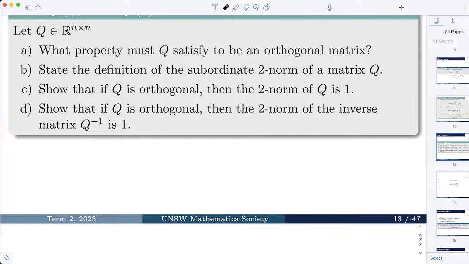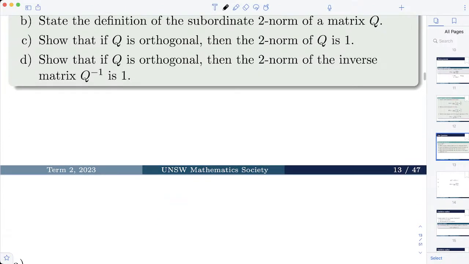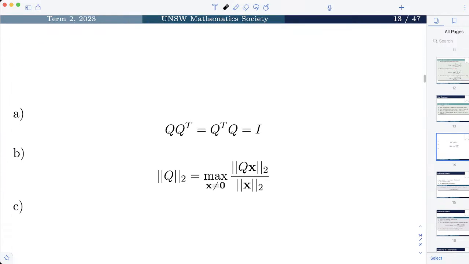So show that if Q is orthogonal, then the 2 norm of Q is 1. So we basically have to show that if Q is orthogonal, this guy is equal to 1, right? And just starting off from this definition is what you want to do. More specifically, you want to look at this guy over here, the numerator, right? And instead of working with the norm, you want to work with the inner product, so the square of the norm.